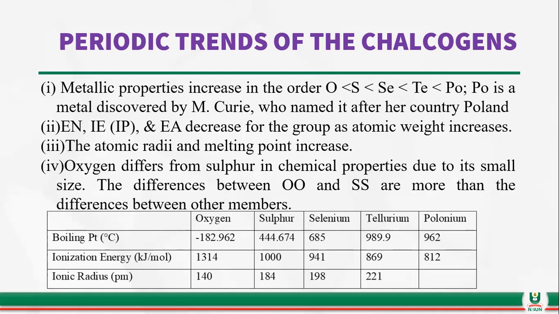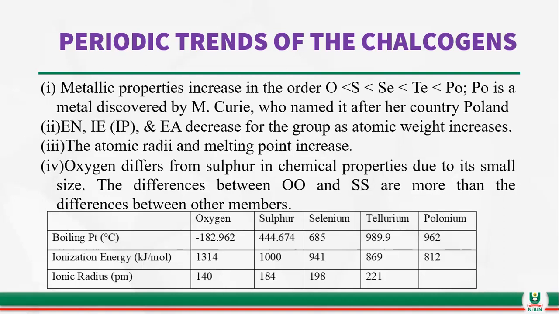So polonium is almost like a metal, despite being in group 16, that should have been -2, because as you go down, the metallic property increases. So oxygen has the lowest metallic property. Its metallic property is less than that of sulfur. That of sulfur is less than that of selenium. That of selenium is less than that of tellurium, and that of tellurium is less than that of polonium.